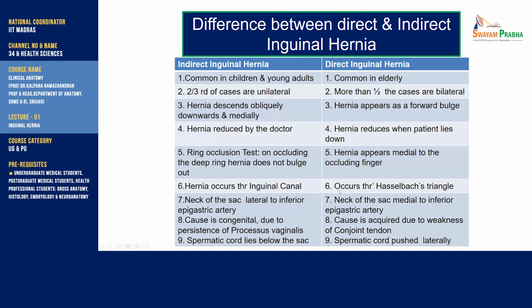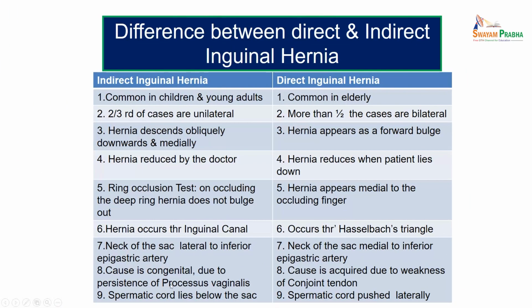And direct inguinal hernia is usually acquired due to weakness of the conjoint tendon. And if you look at indirect inguinal hernia, the spermatic cord is lying below the sac. In direct inguinal hernia, the spermatic cord is pushed laterally. So these are the differences between indirect and direct inguinal hernia.